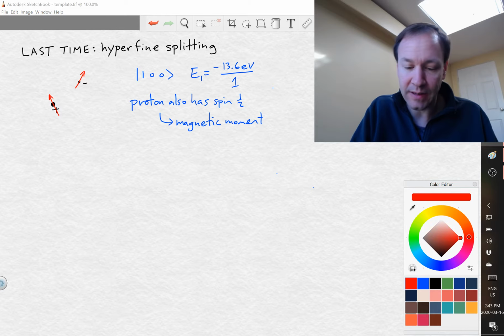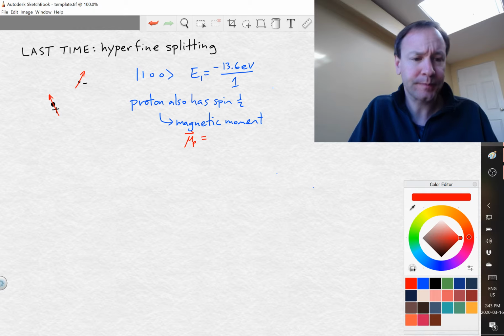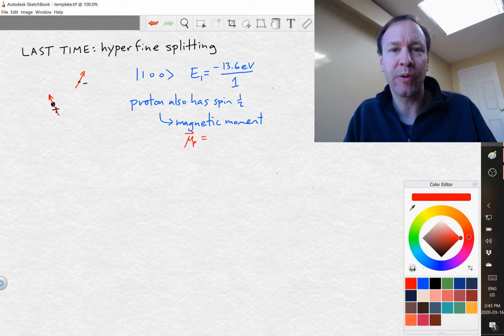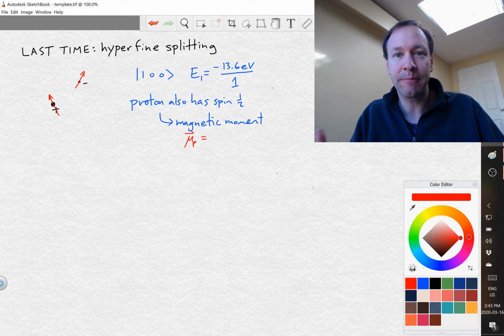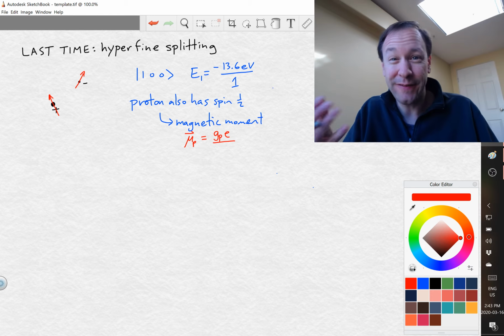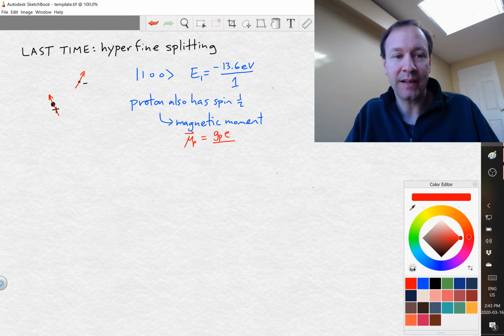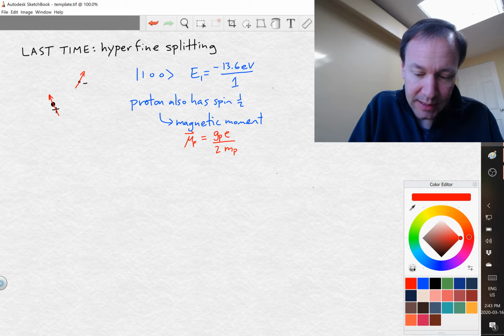Okay, and so we can write that as mu for the proton. And again, it's proportional to the spin operator for the proton. So the magnetic moment points in the same direction as the spin. And it's the same formula as we had for the electron. So there's this factor g, which is a numerical factor. In the case of the electron, it was just 2.